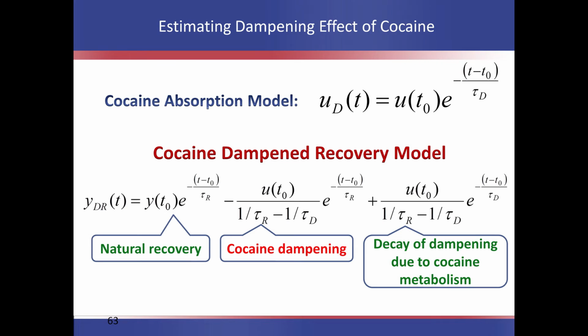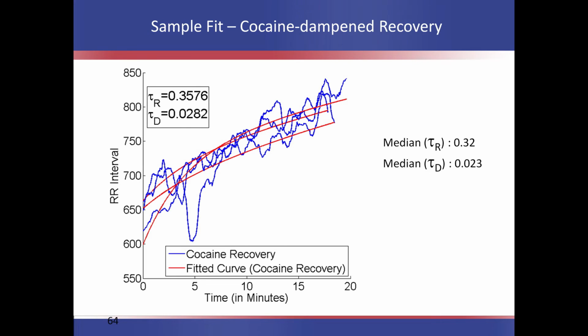So there is a decay of that dampening effect due to cocaine metabolism, and that's basically the third term. Here we show the fit for the cocaine-dampened recovery, and for tau d, the time constant for cocaine metabolism, we have about 0.023, which corresponds to about 43 minutes to the half-life. That means it will take that long for the cocaine to be metabolized by half.